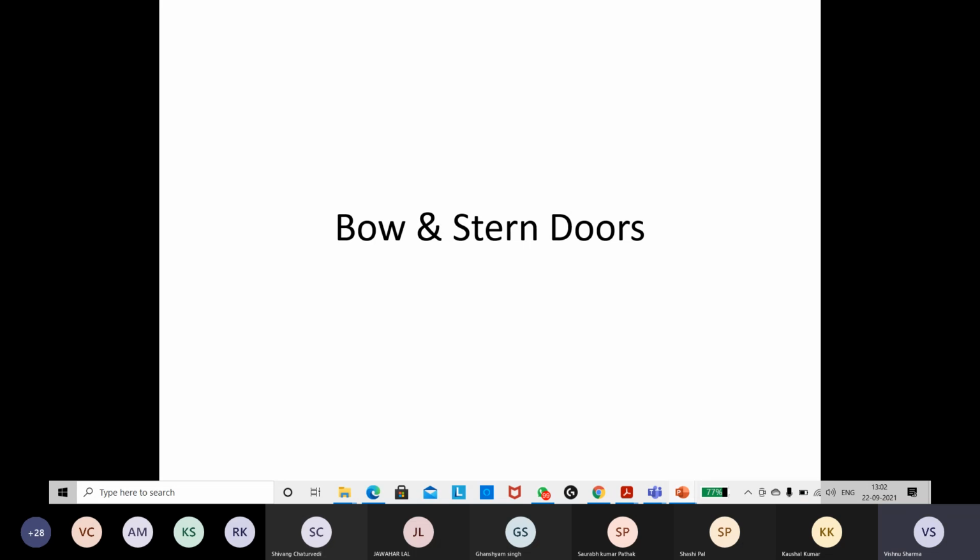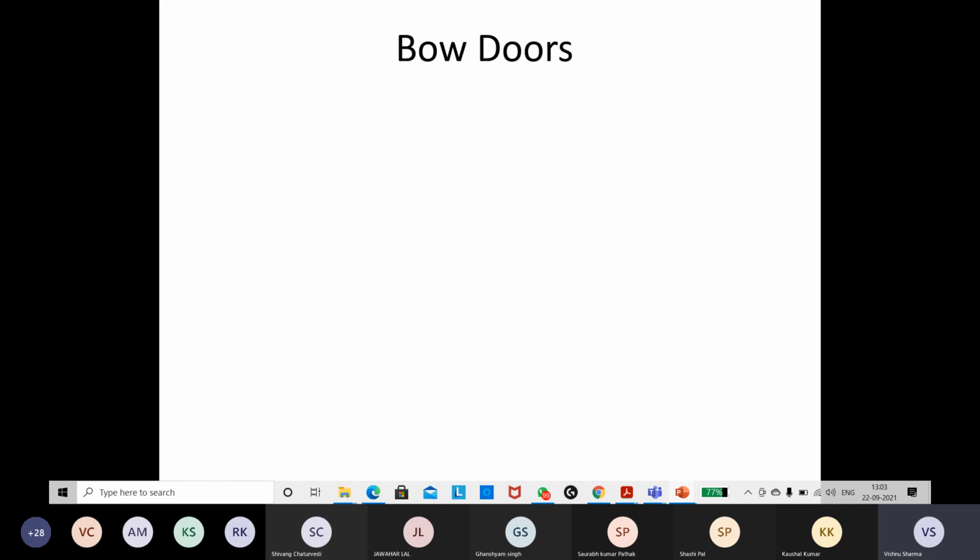Okay, this bow and stern door is also part of watertight doors only, but they are specially dealt with because they are special types of doors. We all know that bow doors and stern doors are basically on ro-ro ships, for vehicles to move in and out.